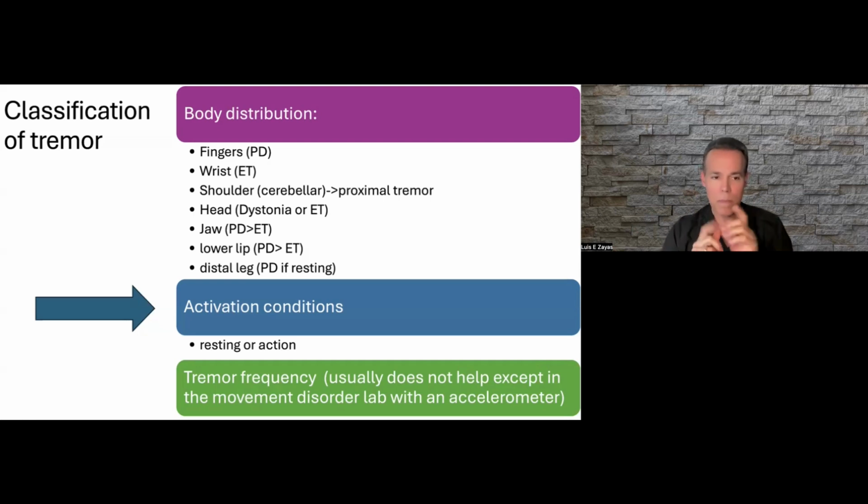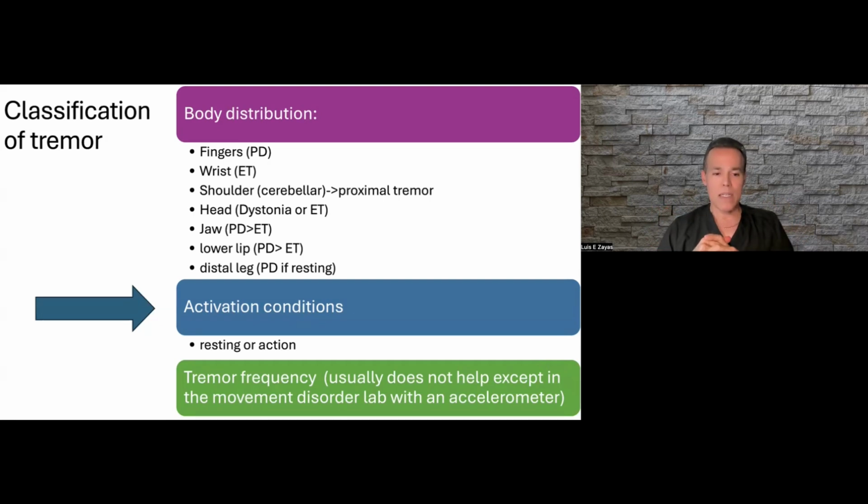Now, the most important thing in tremor classification is the activation condition, which means you need to ask yourself if this is a resting tremor or an action tremor, because if you cannot differentiate between these two, then you will have issues making the diagnosis.